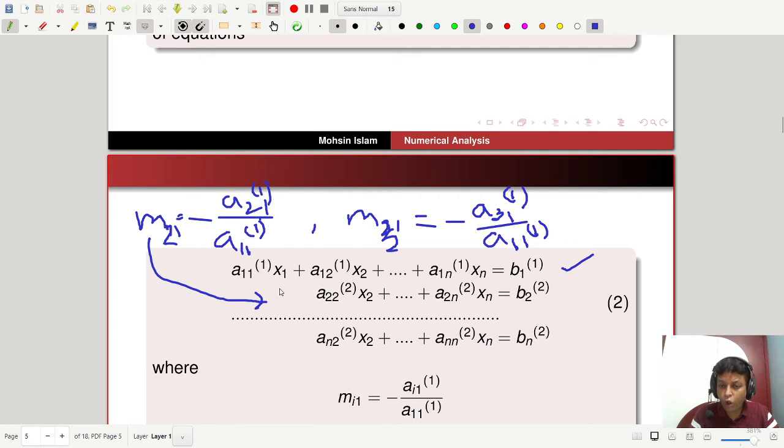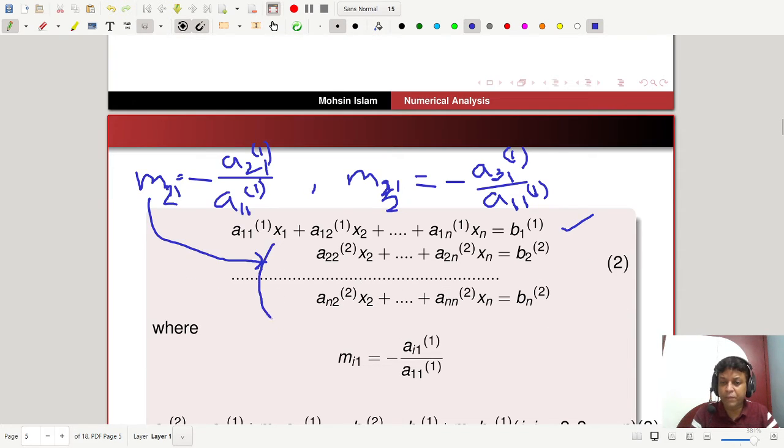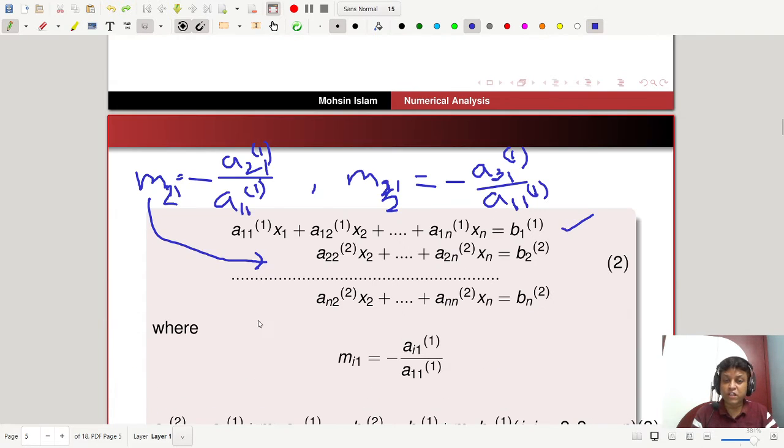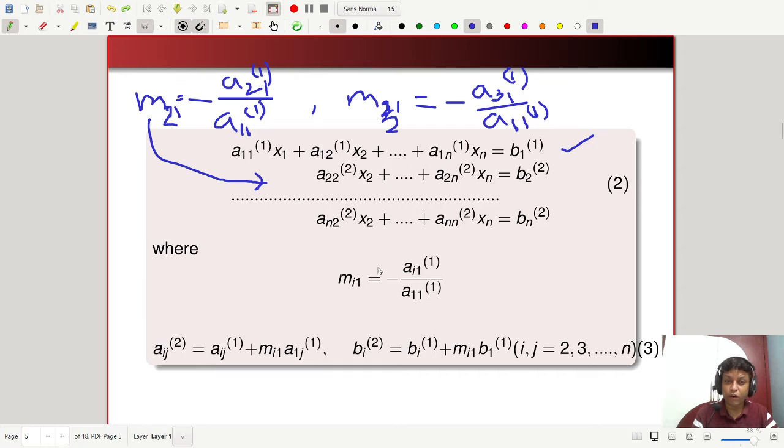So in all the equations x1 will be eliminated. Look at that, there is no x1, so x1 got eliminated. Okay, this is the process of Gauss elimination. So following the equivalent system, you have the system like this. Look at that multiplier, and these are the relations for aij2. aij2 can be calculated like this.